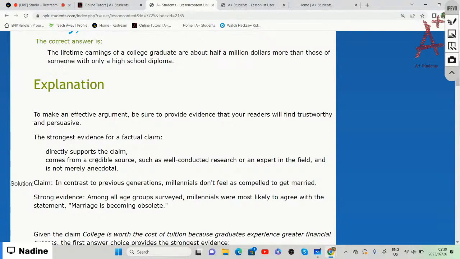There needs to be evidence with it. You need to have a credible source, meaning that I found this source in this book, in the dictionary, or on the internet, and here is the link. It comes from a credible source, such as well conducted research or an expert in the field, and it's not just merely things that you think are facts.